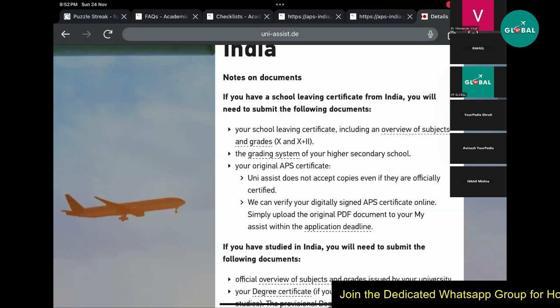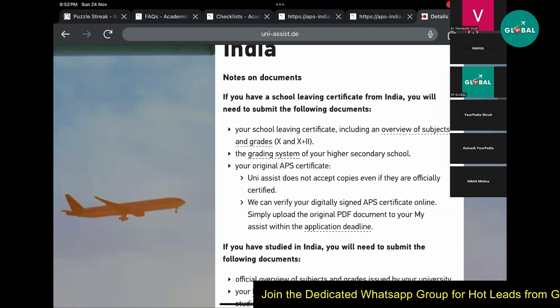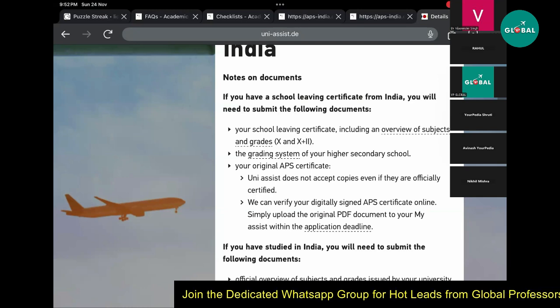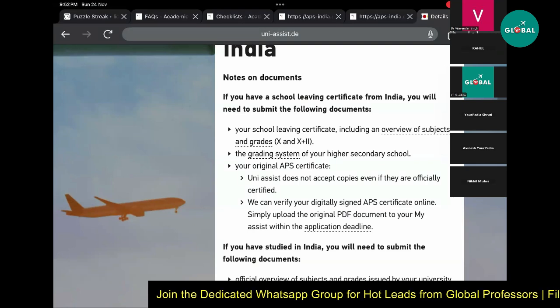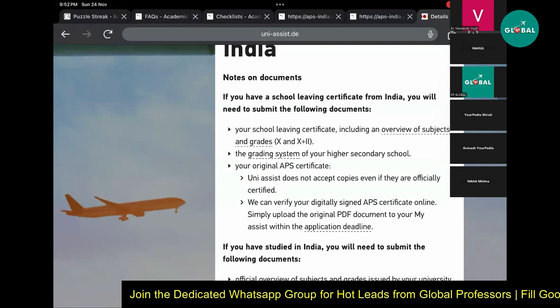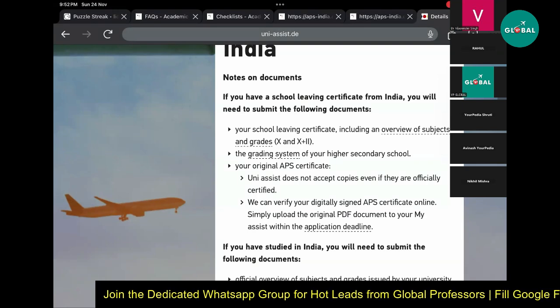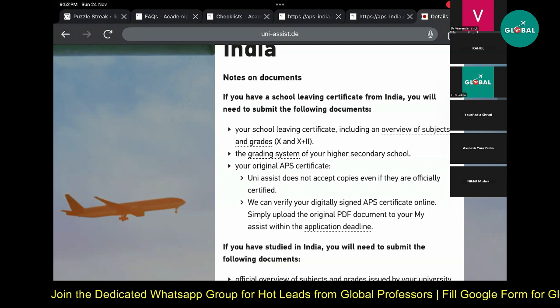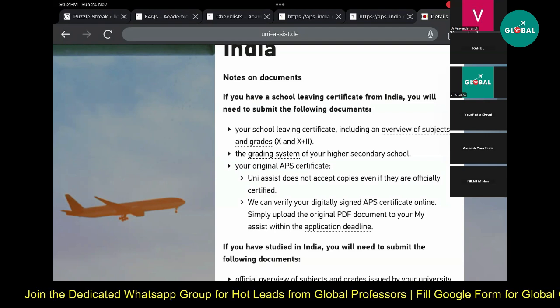A lot of universities accept documentation via Uni Assist. So Uni Assist does both: applying for the university, and getting your German equivalent transcript and grades, which is the opposite of what we have in India. One is higher and five is lower.